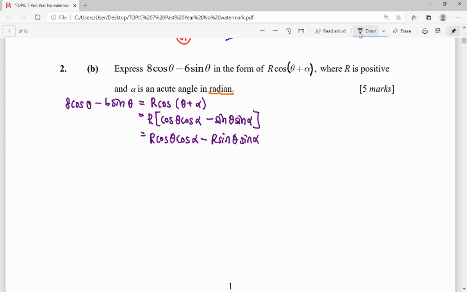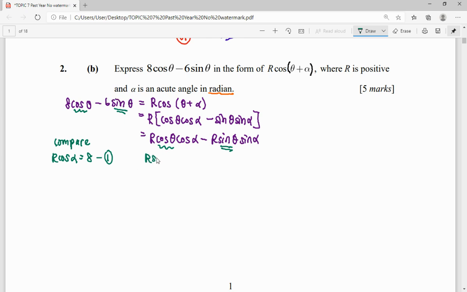Now we're going to form our two equations as we compare here. Cos theta with the term of cos theta, sin theta with the term of sin theta. So the coefficient of cos theta, which is r cos alpha, will equal to the number 8. That will be the first equation. And then the second term here, r sine theta, the coefficient for sine theta is 6.